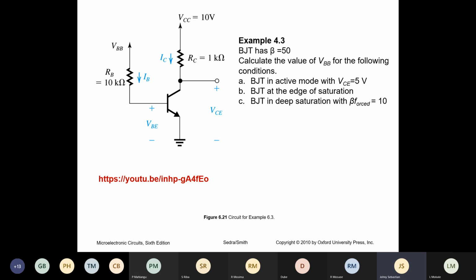The question now is, what is the value of VBB so that you get a VCE of 5 volt? VCE of 5 volt means 5 volt at the collector. Look at RC. One end of RC is 10 volt, the other end is 5 volt. You can work out the collector current. Everybody work it out now.